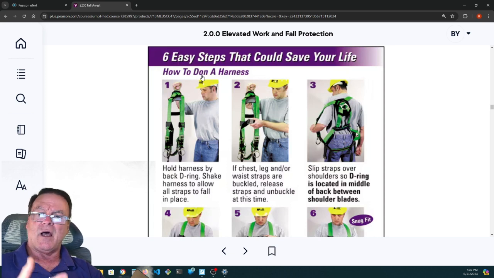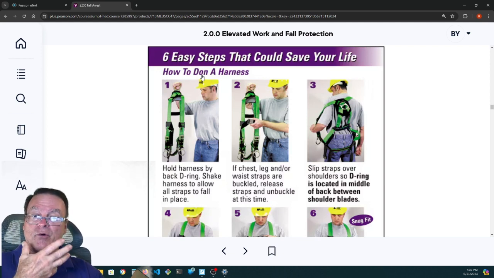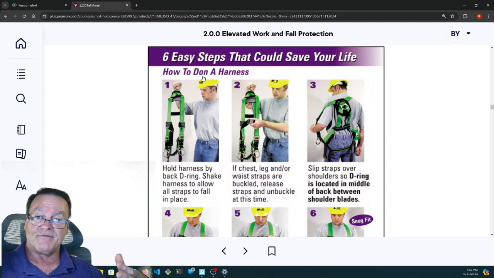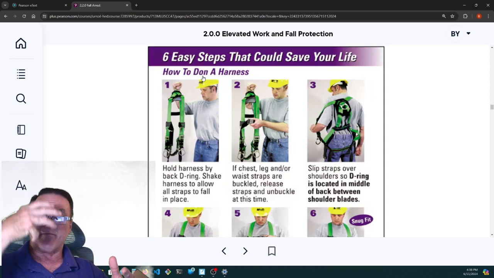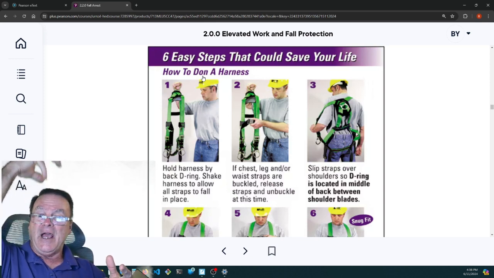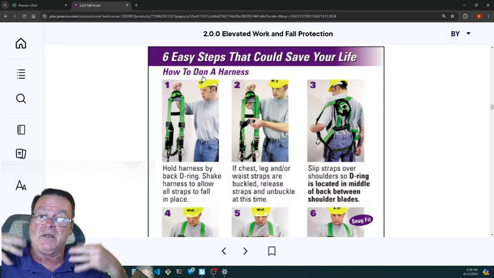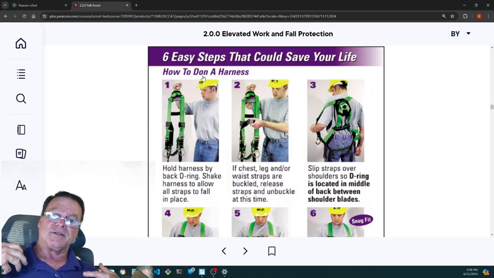Or they use it a lot in respirators. They teach you how to don and doff the respirator. Because if you put a respirator on correctly and you're in a hazardous environment, when you get out of that hazardous environment, you don't want to take the mask off over your head and shake all of that contaminant down into your lungs.